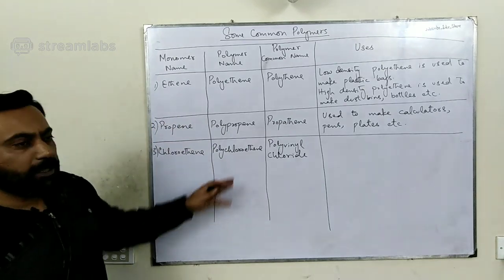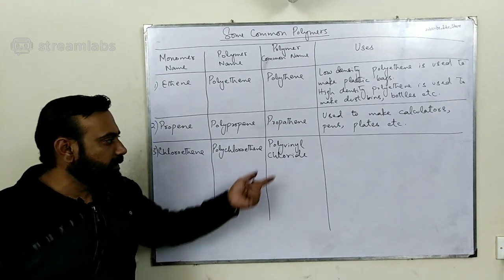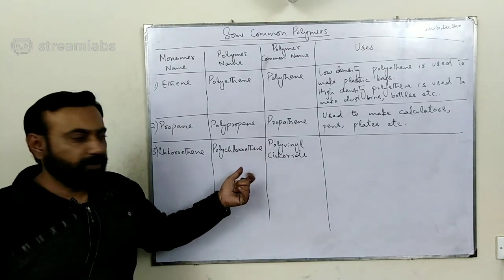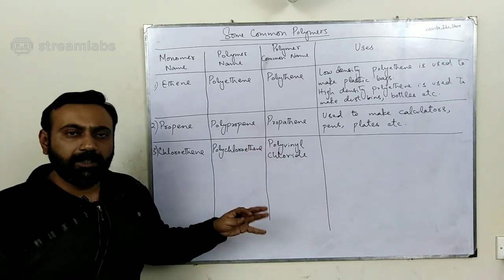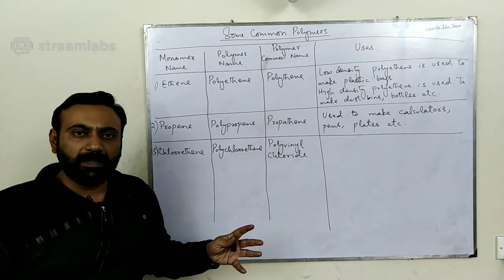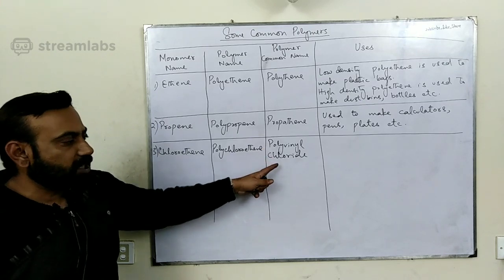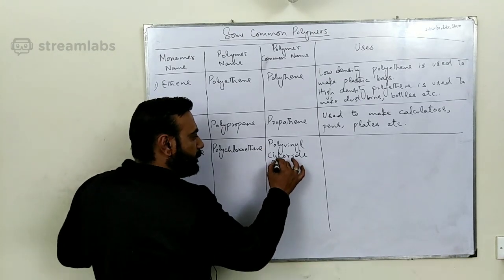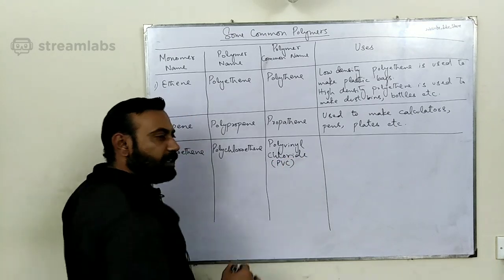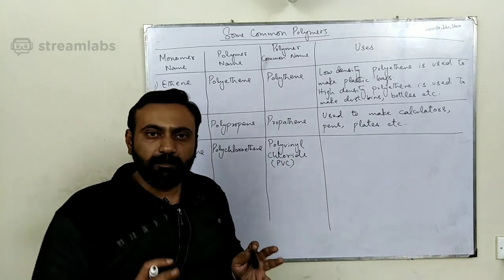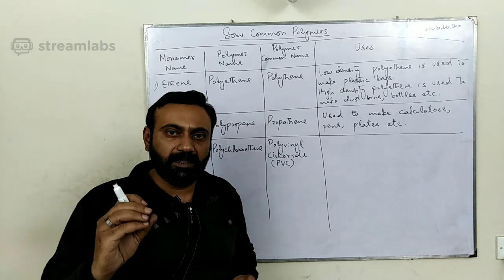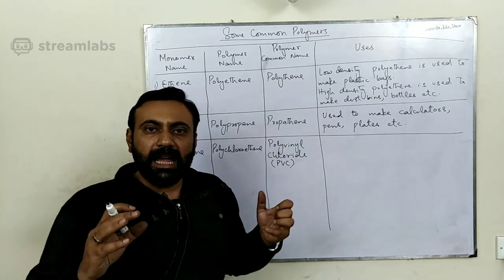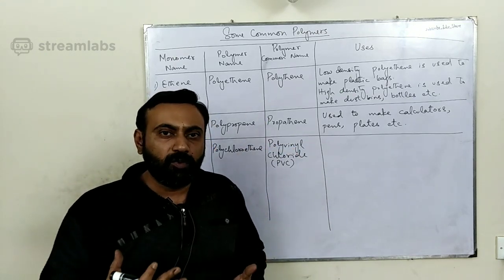Again, polychloroethene, this term is not very common. You must not have heard of it. Polyvinyl chloride too is not a very common term. But the abbreviation of polyvinyl chloride, you must have heard about that. It is PVC. You must have heard about PVC pipings. See, PVC is a thicker plastic than the previous ones, and it is a completely waterproof material.